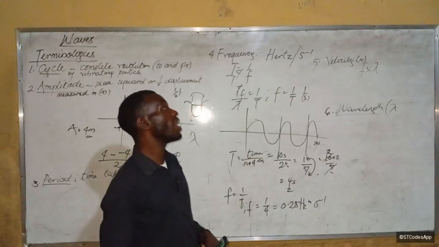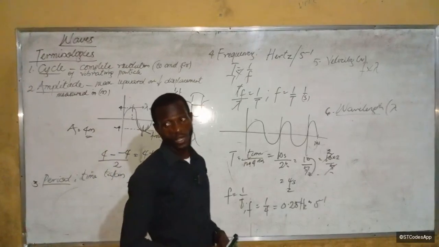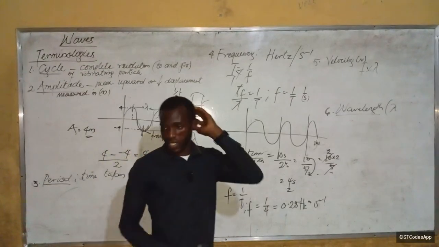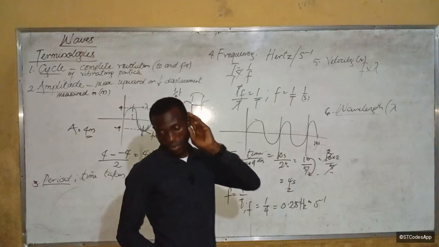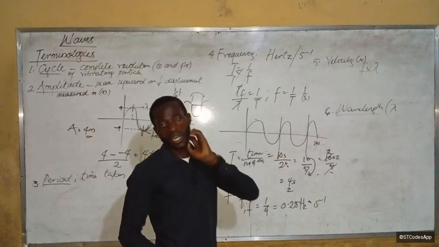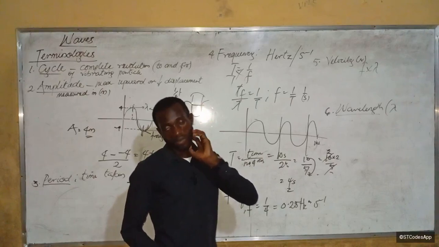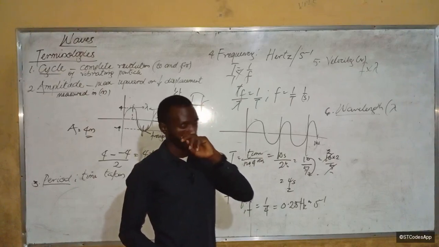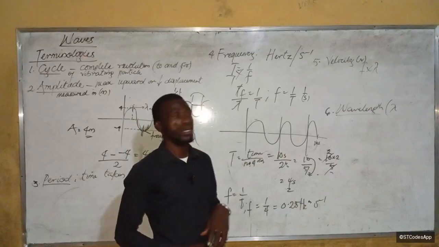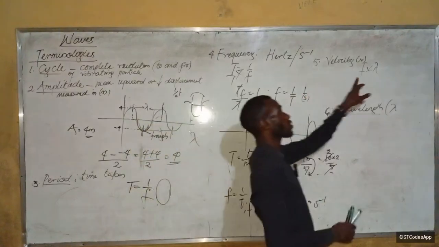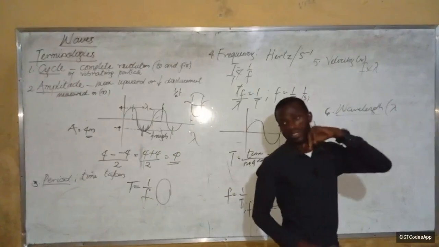It is given by V, the product of frequency and wavelength. It is given by the product of frequency and wavelength.